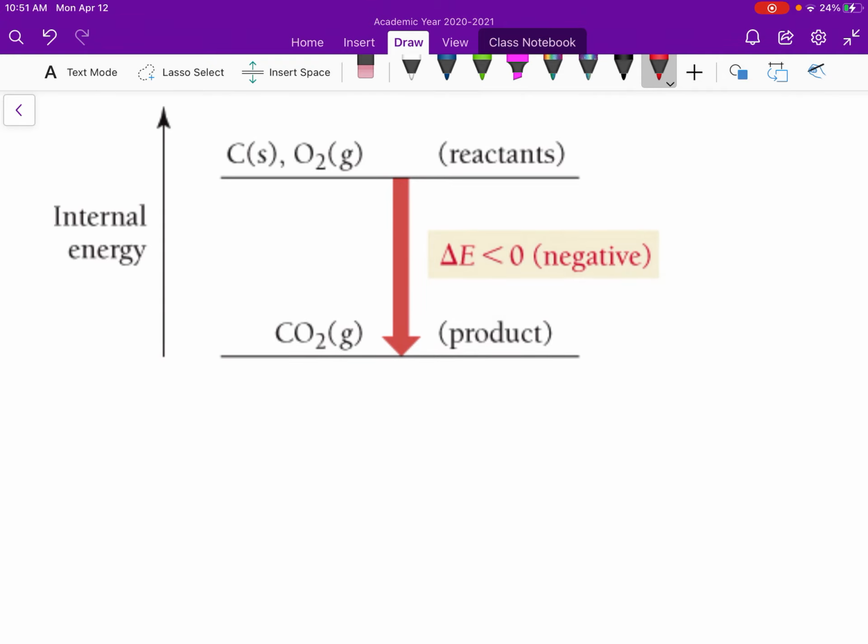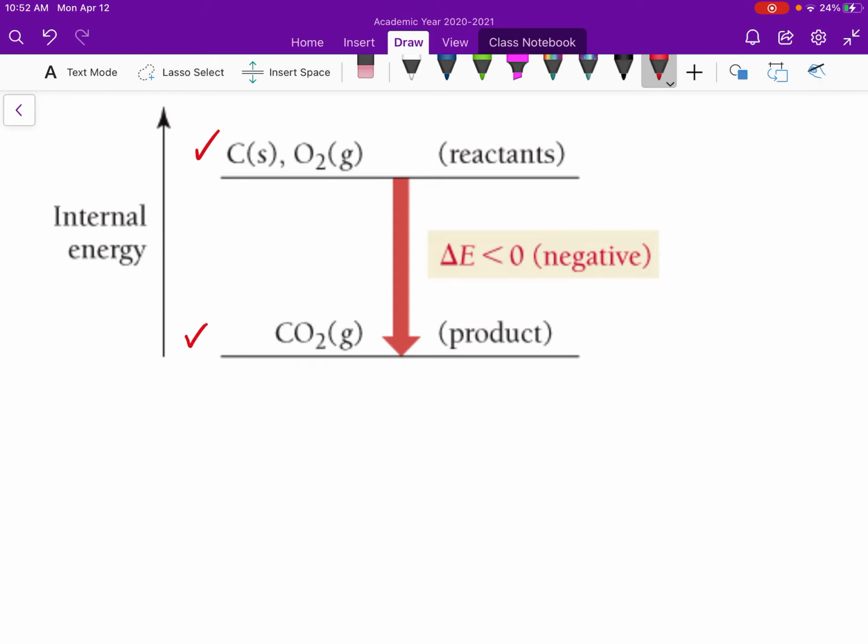What happens is, okay, the reactants are up here, and they have actually more energy than the resulting products do. So when this thing reacts, the total internal energy goes down because the reactants had more energy, right? And so we're going to end up with a delta E of a negative number, a less than 0 number, okay? And that ends up giving us the thing.